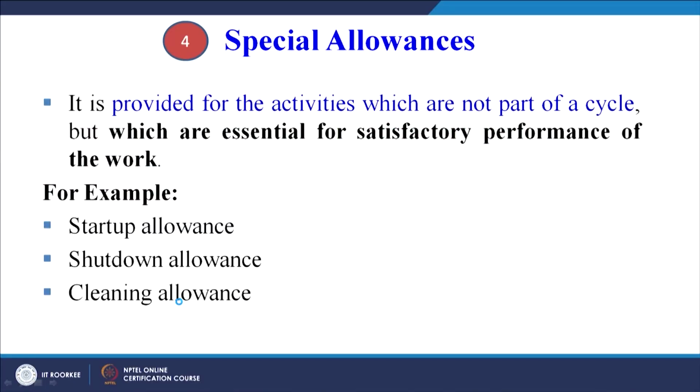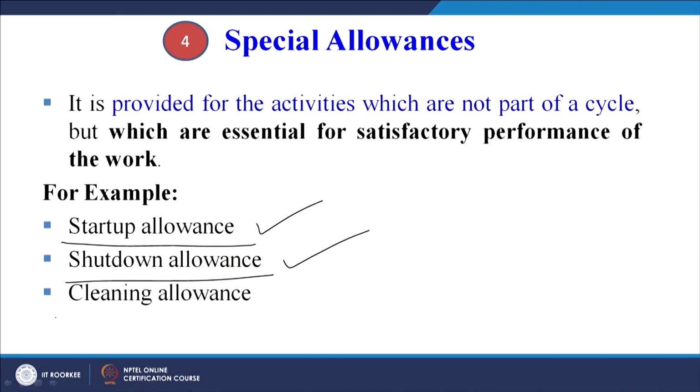Then apart from these three main categories of allowances, that is the relaxation allowance, the interference allowance and the contingency allowance, there are other allowances such as the special allowances. Special allowances are provided for the activities which are not a part of the cycle. The cycle starts when the work has started and ends when the work has stopped, but prior to that we need to give the startup allowance, the shutdown allowance, and the cleaning allowance.